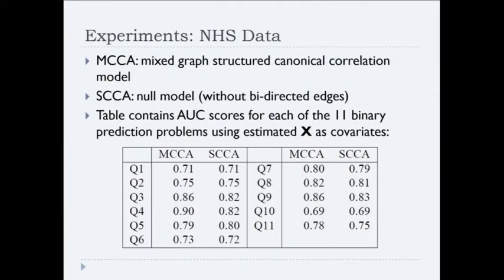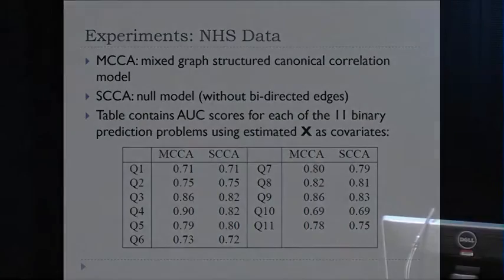So this is comparing the model that doesn't refine the original latent trait structure against the model that does refinement. So in terms of area under the curve, I'm predicting some binarization of the remaining variables. And here there's not much of a change in many of the holdout questions that I have, but in a few cases I get some major improvement.